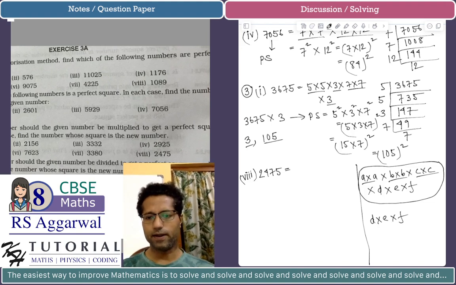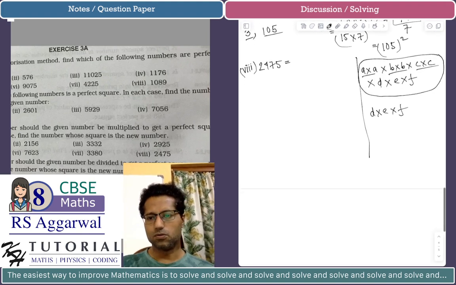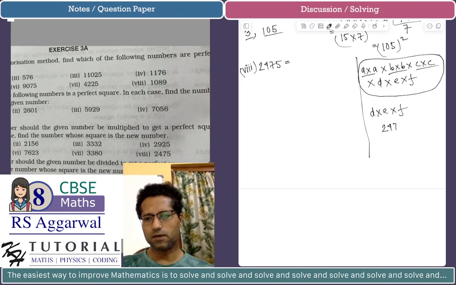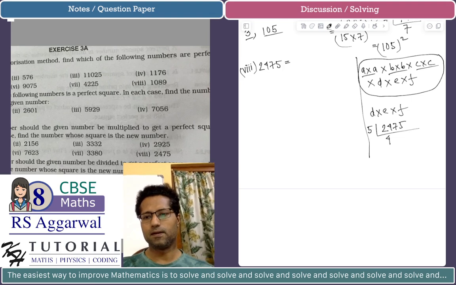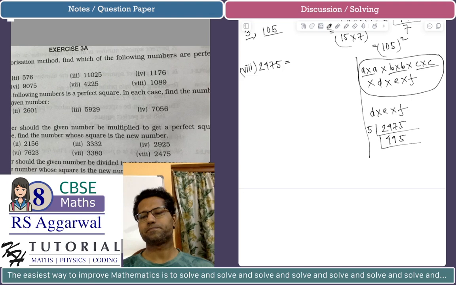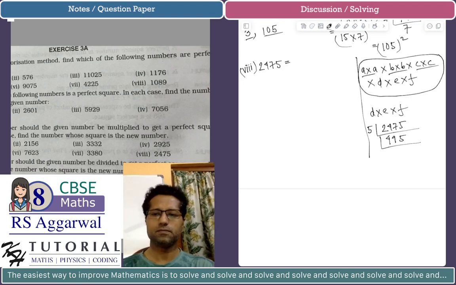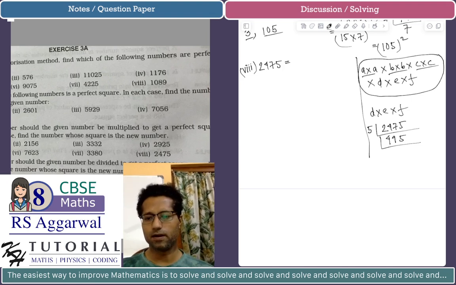So first we have to find its prime factorization. Let's divide by 5. We have 495. Then we can again divide by 5.